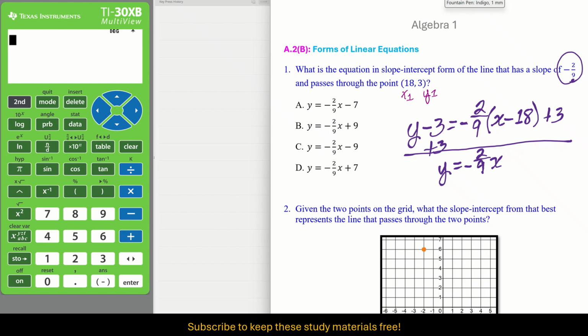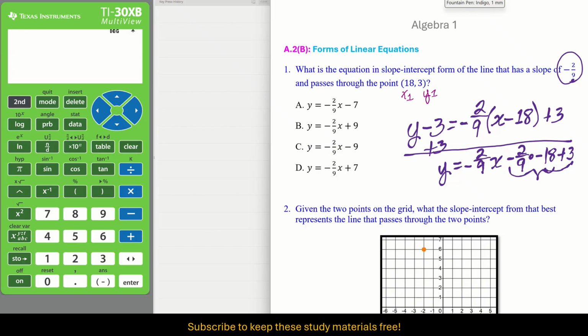Now this is where we put this part in the calculator and see which one of these options, A, B, C, or D, that we need. Well, we have -2/9 times -18, solved together, and then plus 3. We put the entire end of this equation in our calculator and see what value we have.